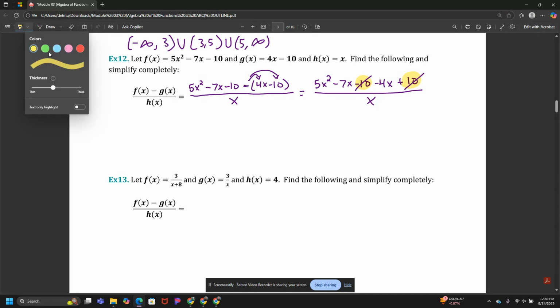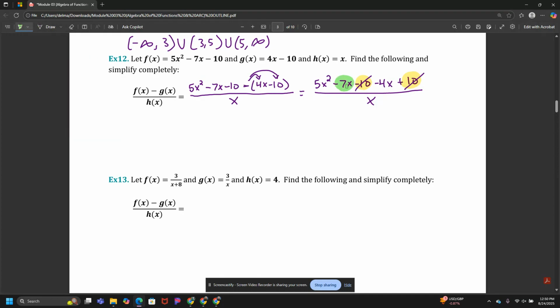My other like terms are negative 7 and negative 4. I can rewrite that. So that becomes 5x squared minus 11x over x, right? Because negative 10 and positive 10 made 0, so I don't have to write that. Okay, now let's see, what can I take out of here?